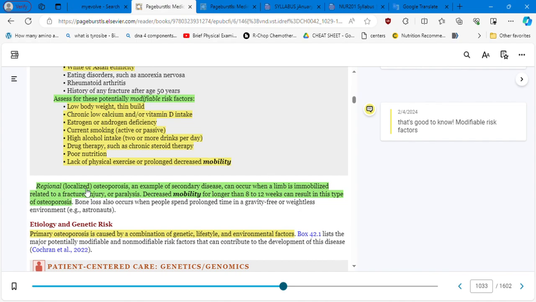Regional localized osteoporosis, an example of secondary disease, can occur when a limb is immobilized related to a fracture, injury, or paralysis. So there is a reason why the patient has that limb immobilized. Decreased mobility for longer than 8 to 12 weeks can result in this type of osteoporosis. So think about all those patients that are having a car accident and they ended up being in a vegetative state, right?